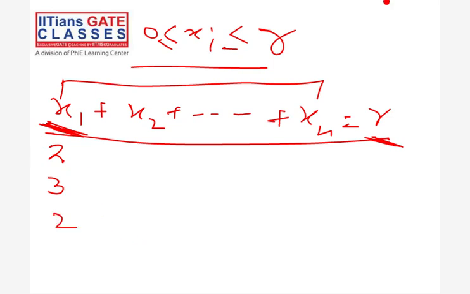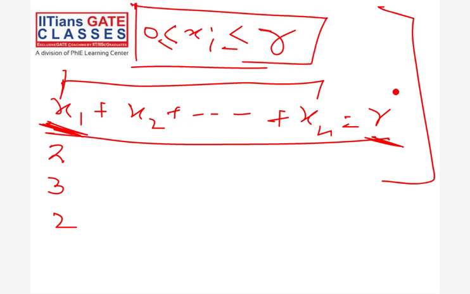Okay, so this is a template. Remember this template, and the proof of this template we will give in the next class. But remember it, because this is a very important template. Let me repeat: in this template, all these xi's can go from 0 to r, where r is this value.